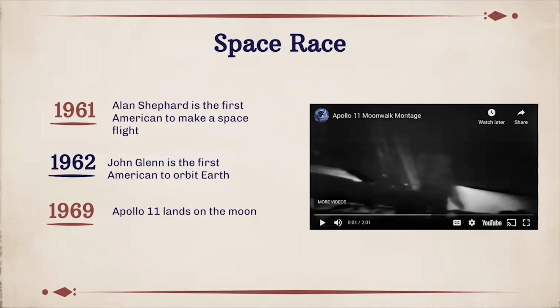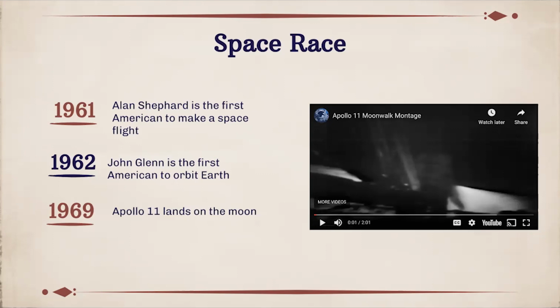And so it is during the space race that it's a competition between the Soviet Union and the United States to develop technology in order to land on the moon. Prior to Kennedy taking office, the USSR is kind of winning the space race, and then JFK commits to the US landing a man on the moon by 1970.